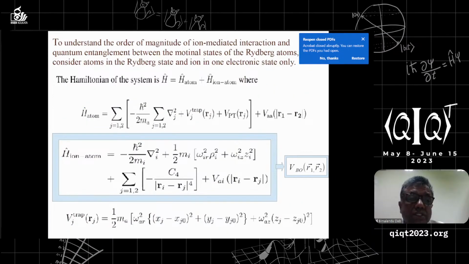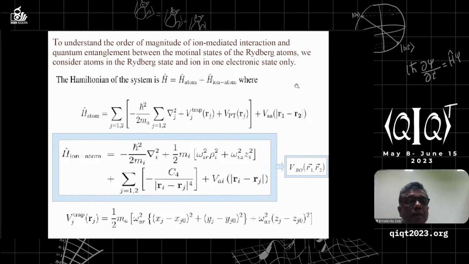To understand the order of magnitude of this ion-mediated interaction and quantum entanglement between the motional states of Rydberg atoms, we consider atoms in the Rydberg state and ion in one electronic state. We can consider the ground state atom and Rydberg state a qubit.